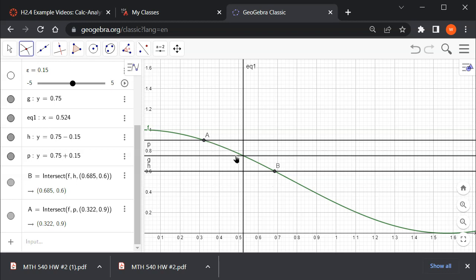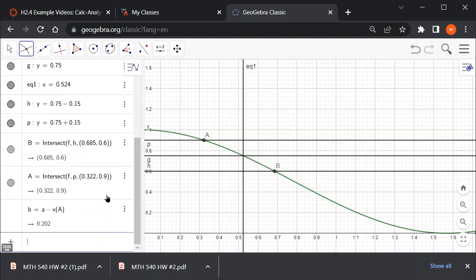Whichever is the smaller gap from pi over 6, which is the a value, is going to be the answer, so I'm going to compute both. First, the difference between a and the x coordinate of A: a minus x coordinate of point A. Hit enter, and you get 0.202. Then the gap on the other side is the x coordinate of B minus the a value, which is pi over 6.